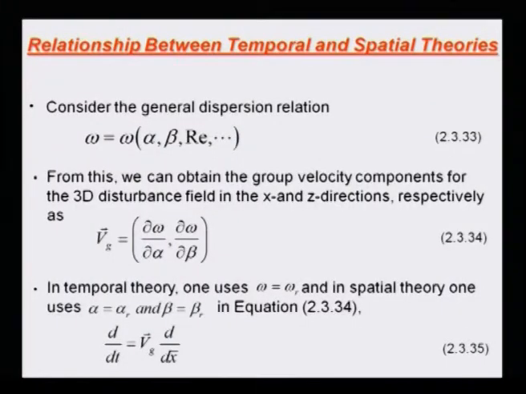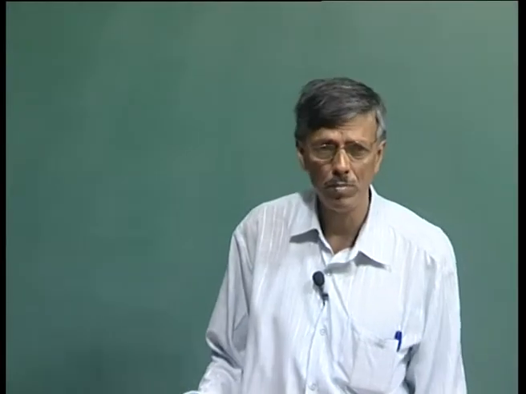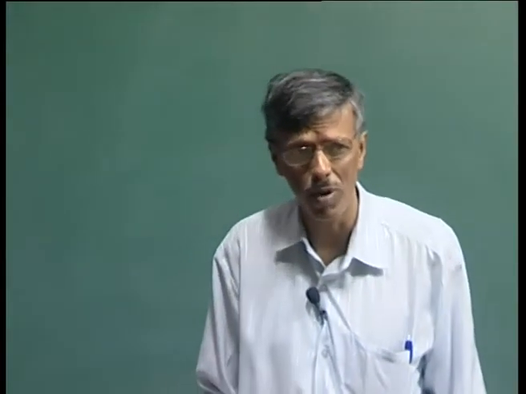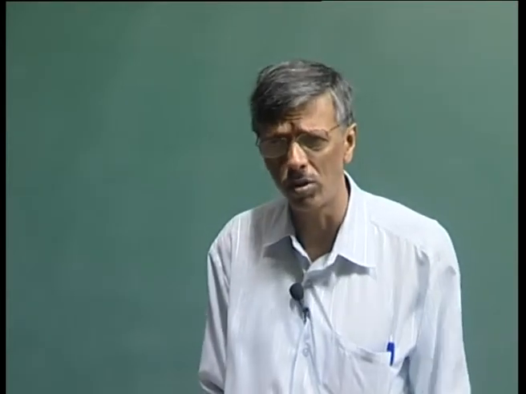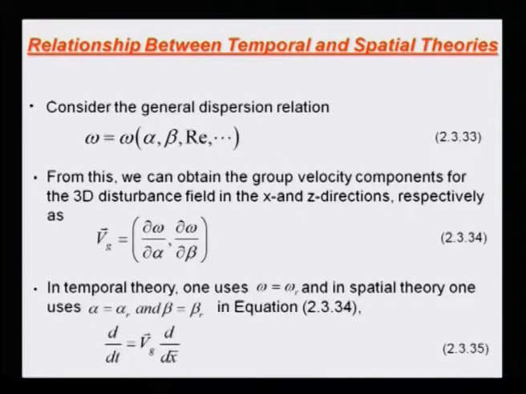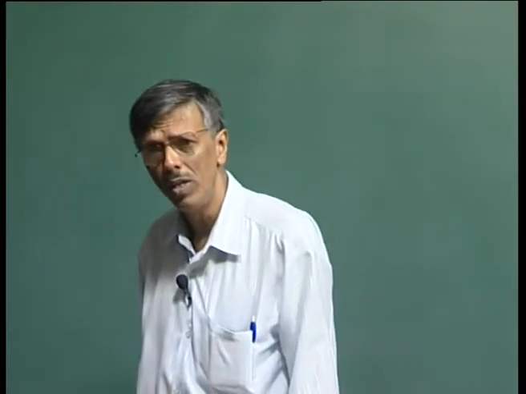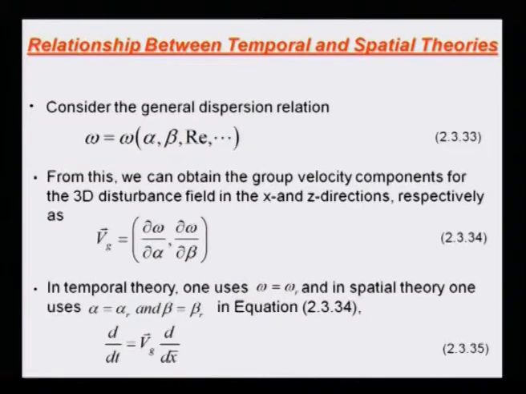Now, I told you historically that people found solving the temporal problem easier for two dimensional problems, although there is not much of a difference between spatial and temporal theory. But suppose you are looking at a three dimensional flow, then you can get away from those complexities of defining that psi and psi bar.